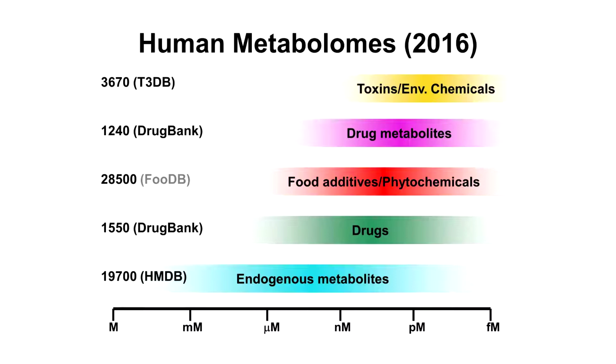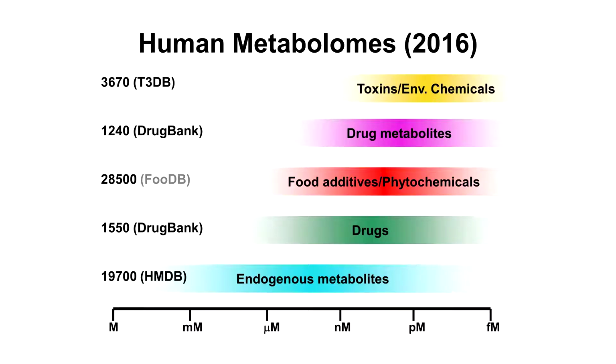And they range in concentration from low picomolar or high femtomolar up to almost molar levels. Urea is the most abundant metabolite in terms of concentration in the body and can get up to 100 millimolar. If you include water, you can get up to 55 molar. But the endogenous metabolites are the most numerous and span the greatest concentration ranges.